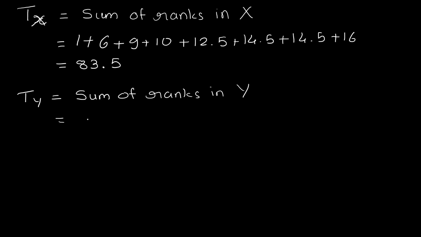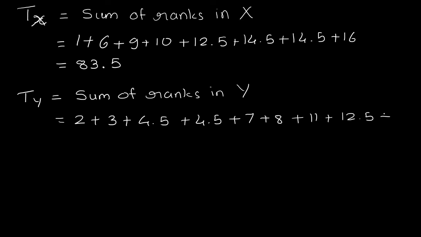So it will come out to be 2 plus 3 plus 4.5 plus 4.5 plus 7 plus 8 plus 11 plus 12.5 plus 17, and this entire addition comes out to be 69.5.